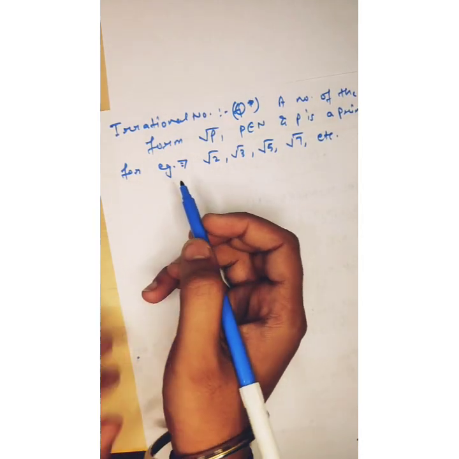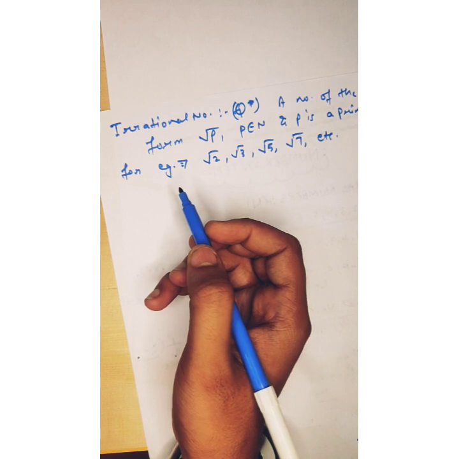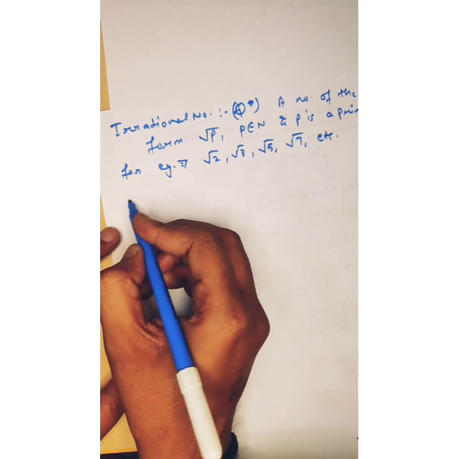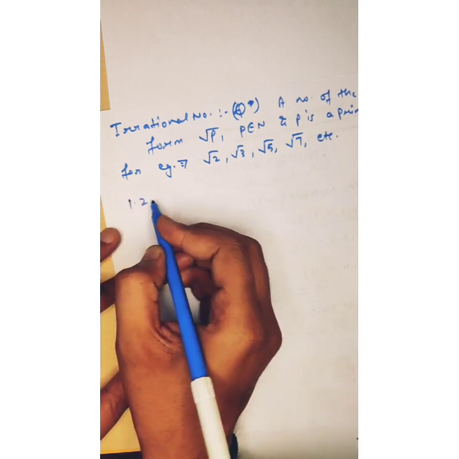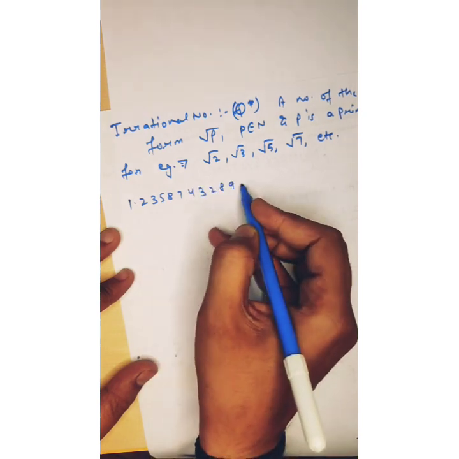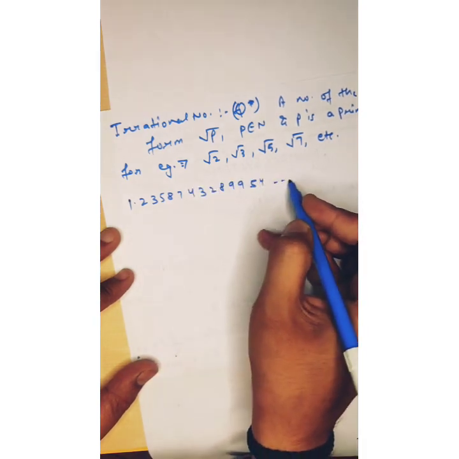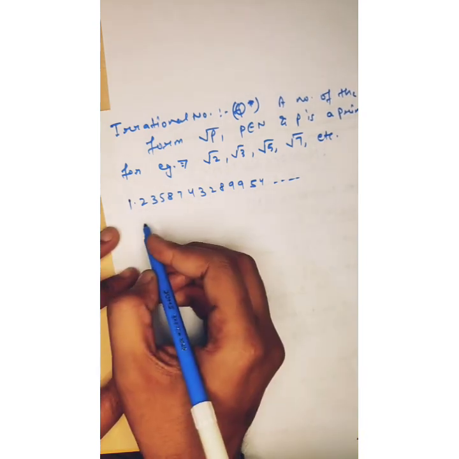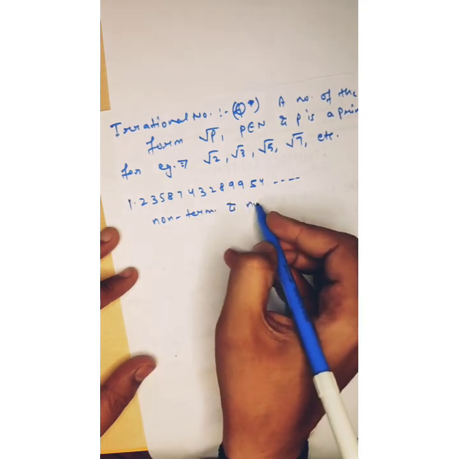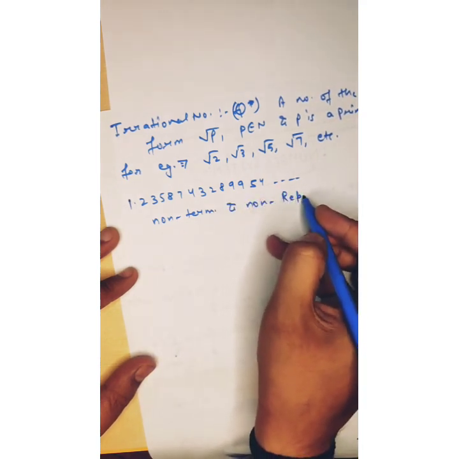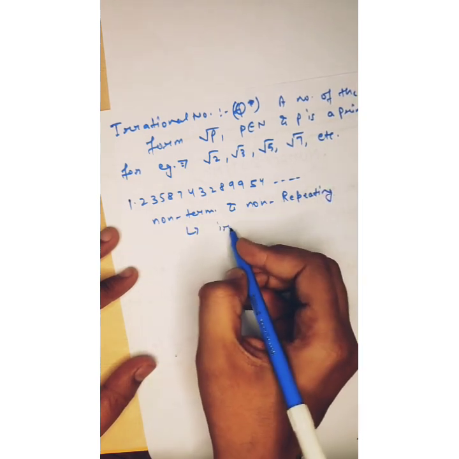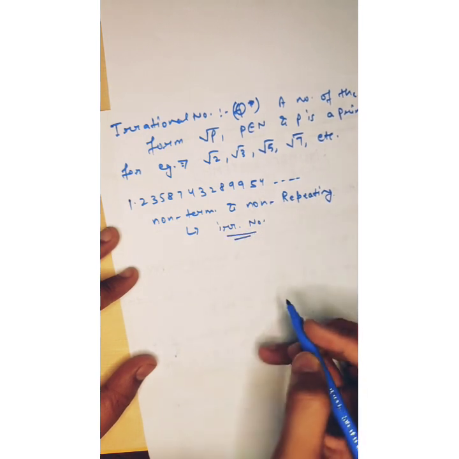Now, like rational numbers, irrational numbers are also defined in the form of decimal expansions. How is it? If we have a decimal expansion like 1.2358743289954 and so on, that is a decimal expansion which is non-terminating and non-repeating, then the number is known as an irrational number.